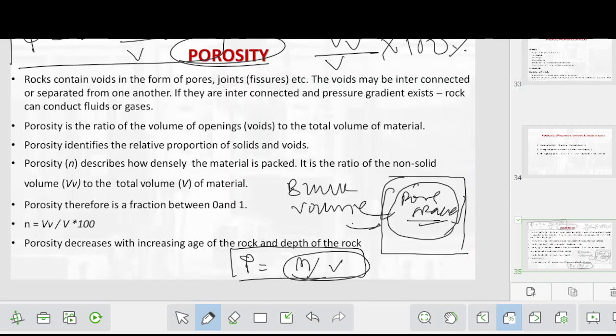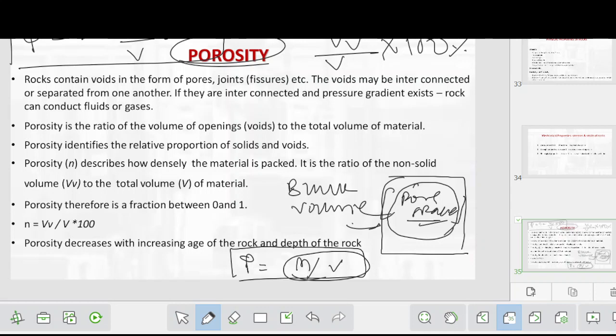Yes, sir. Bulk volume means the volume of the total sample. But if I talk about pore volume, then you have to consider only air volume or water volume, because all the pore space is filled with water or air.